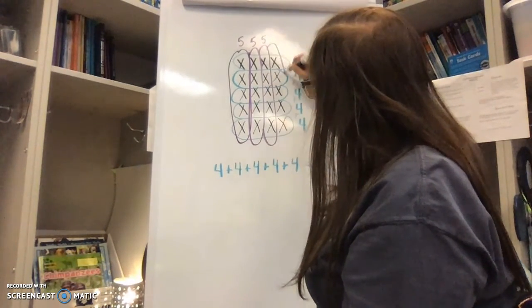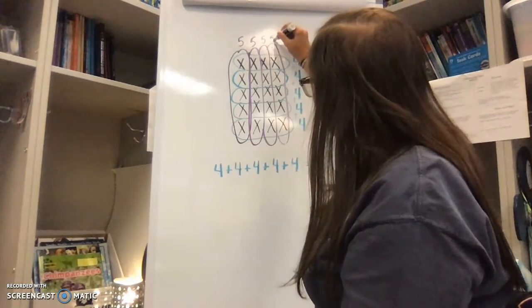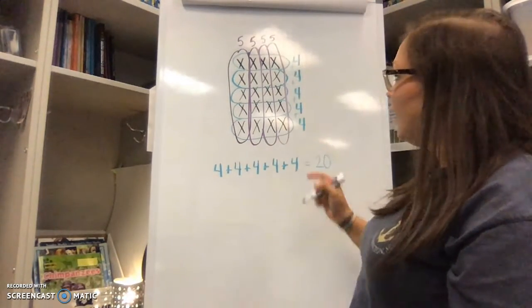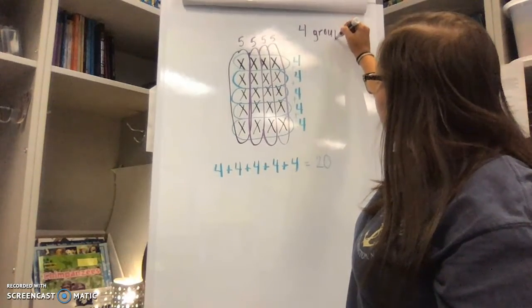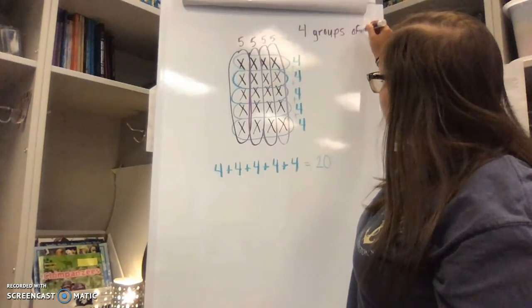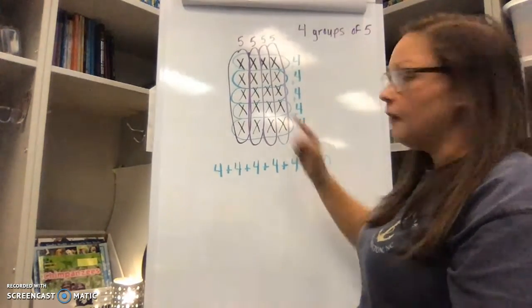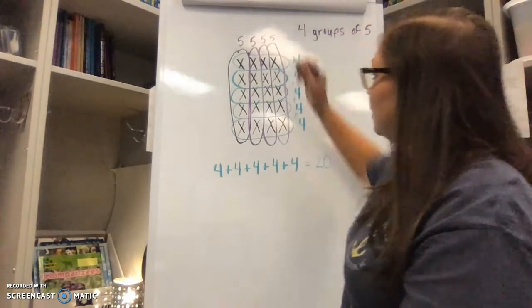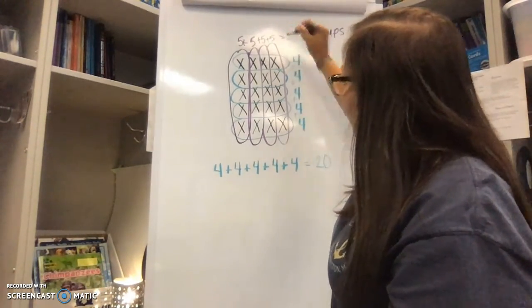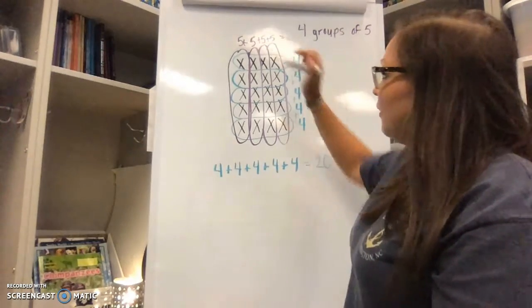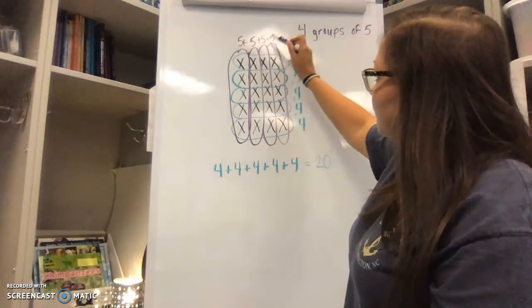And here's another group of 5. So in this case, I have 4 groups of 5. I have 4 5s. And I can add these together. For this one it's easy because I can count by 5s. 5, 10, 15, 20.